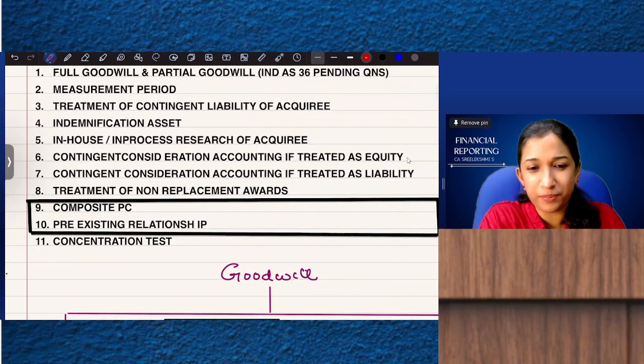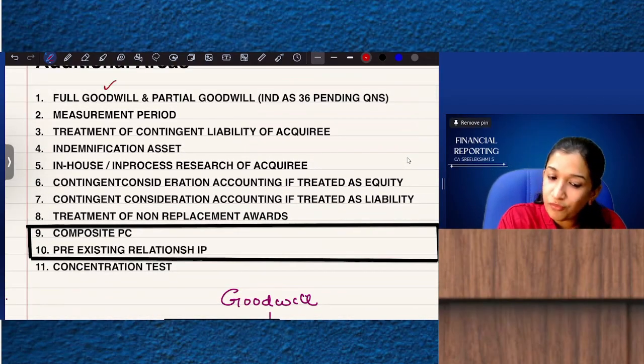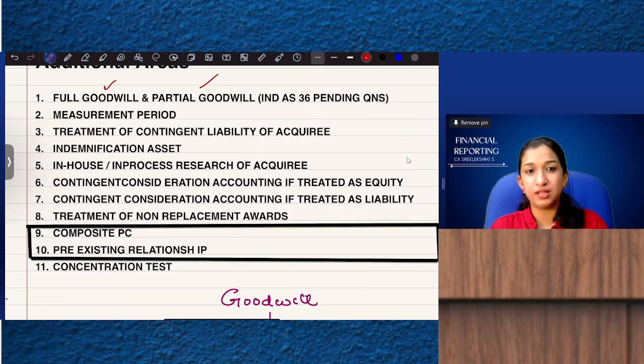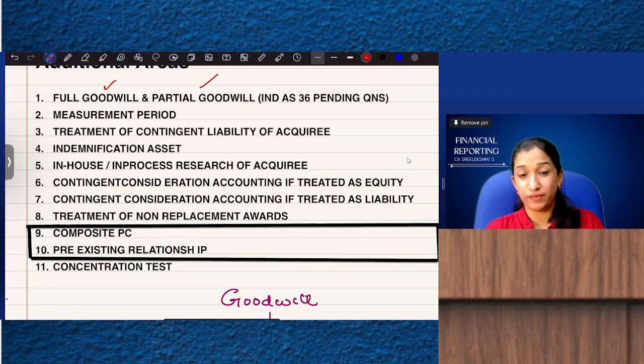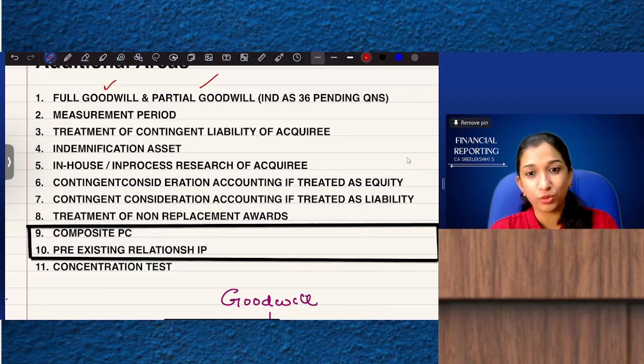If I quickly run through, goodwill can be of two types: full goodwill and partial goodwill.